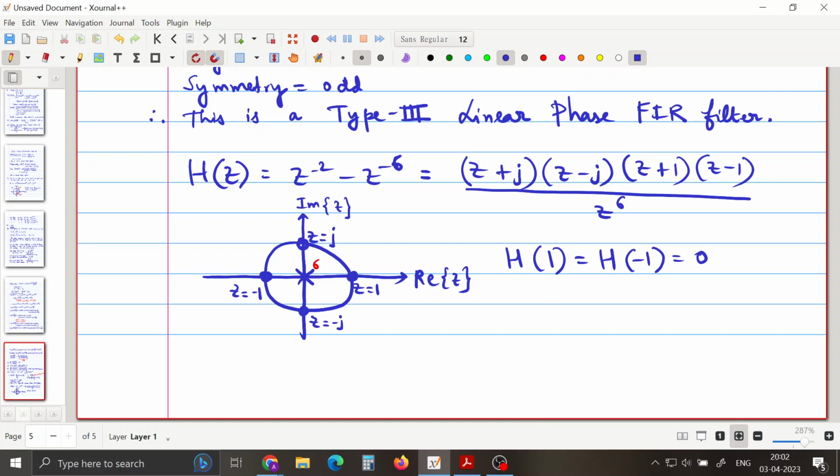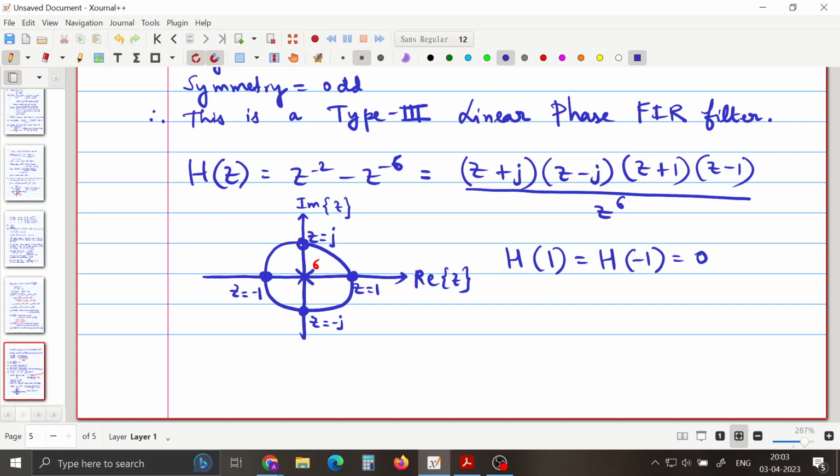And this is only true for the type 3 filter. If you revisit the lecture notes where we had drawn the pole zero plots, the type 3 filter had zeros at both z equals minus 1 and z equals 1.